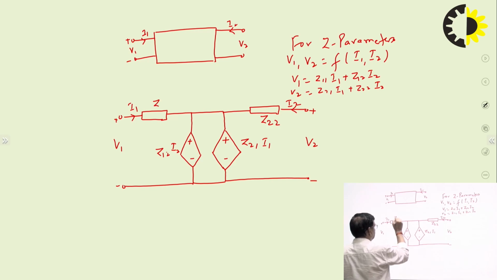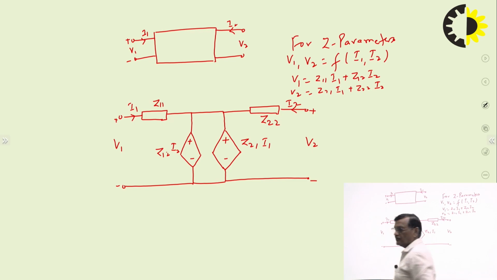This is Z1. Okay. So what is this? This is the equivalent network of Z parameters.